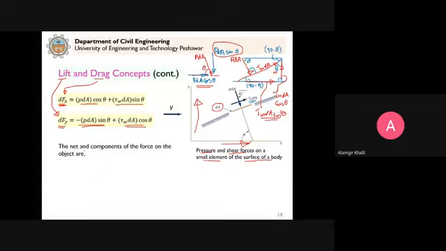Now the net components of the force on the object: instead of area dA, if we want to calculate the total drag and lift force on the entire area, what we can do is integrate. Clear? We integrate this equation, and for the entire body, we can calculate the drag force.